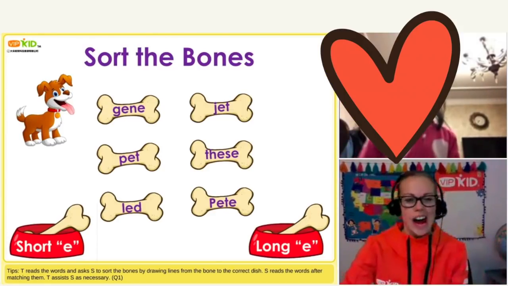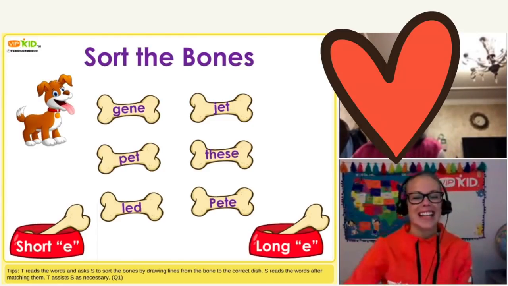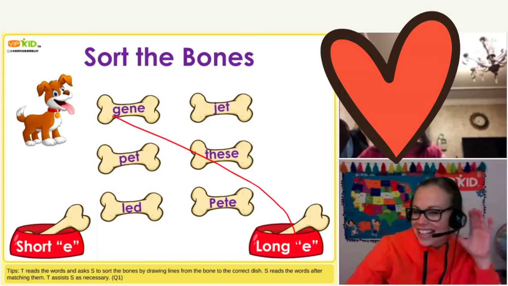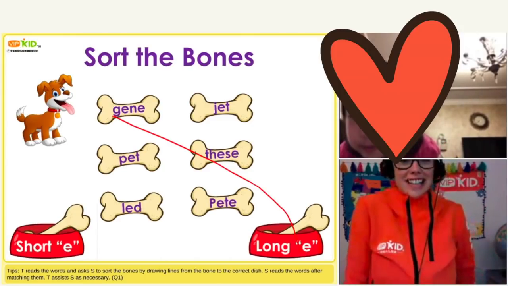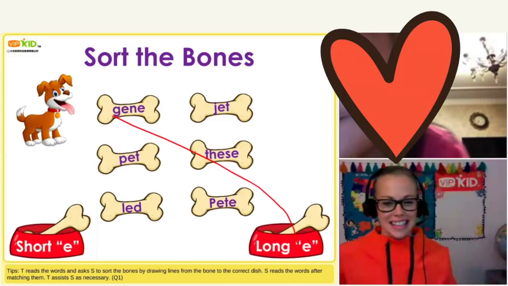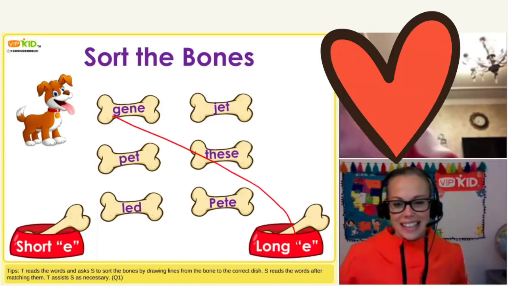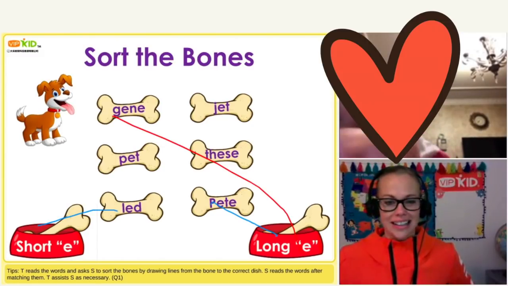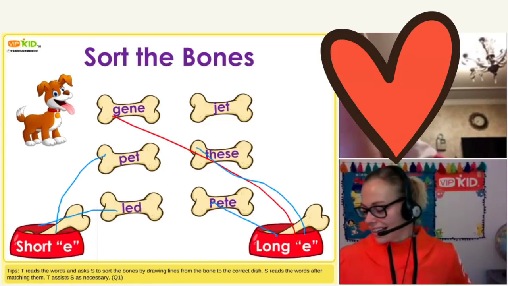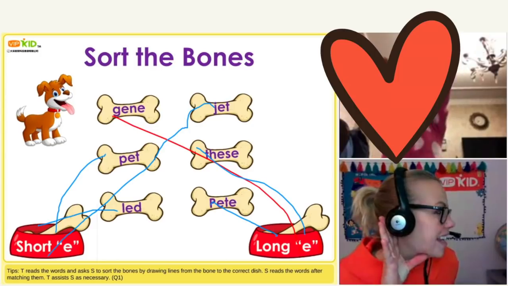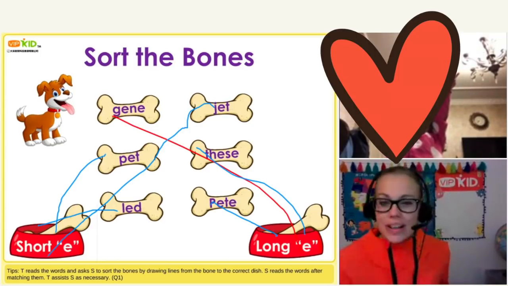Begin. Draw a line. Jean. Long E. Jean. Good. Next. Pen. Good. I can't hear you. Will you read them?